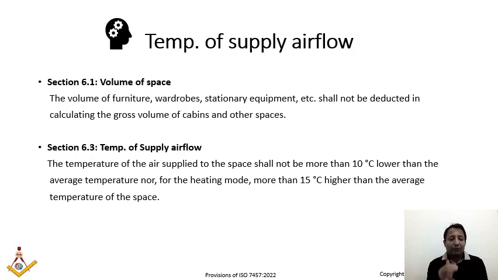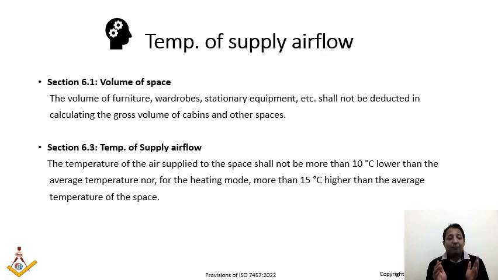Section 6.3 talks about the temperature of supply airflow. The temperature of air supplied to the space shall not be more than 10 degrees Celsius lower than the average temperature, nor in the heating mode more than 15 degrees Celsius higher than the average temperature of the space.